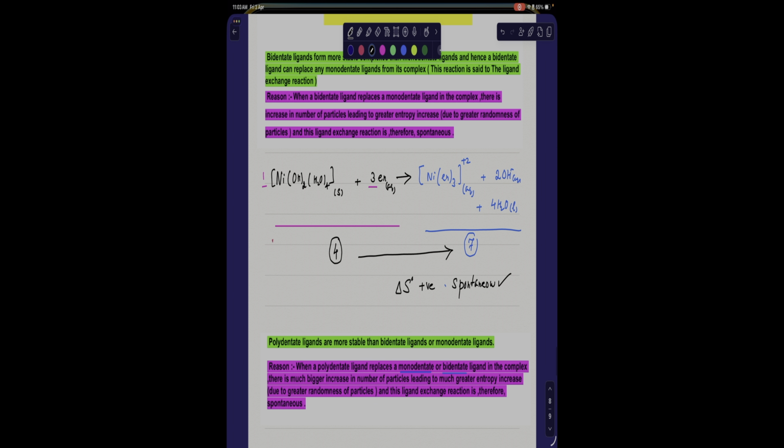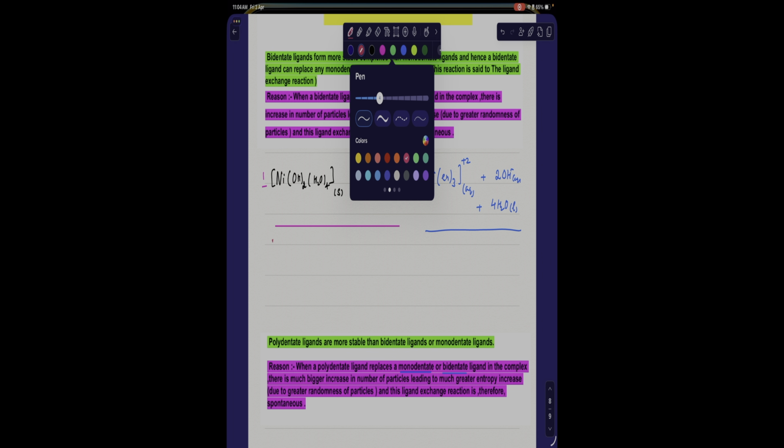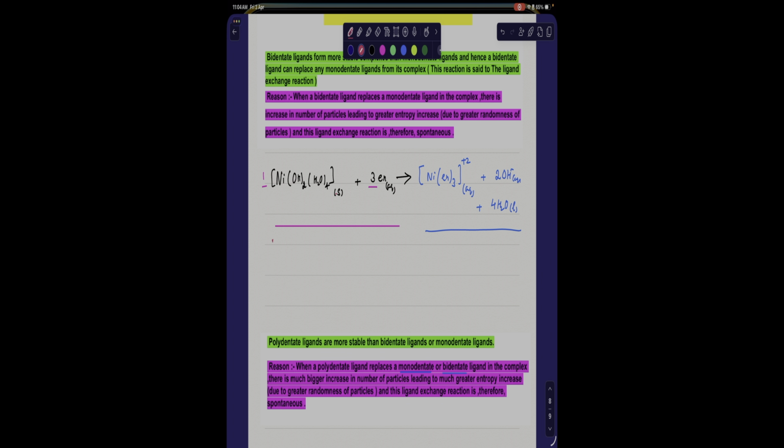Okay, now let me take another example for this before we move on to the last part. This time what I am going to do, I will take another complex. Let's say I am taking this time a zinc complex with 6 NH3, 2+. This time I will take ethanedioate ion.